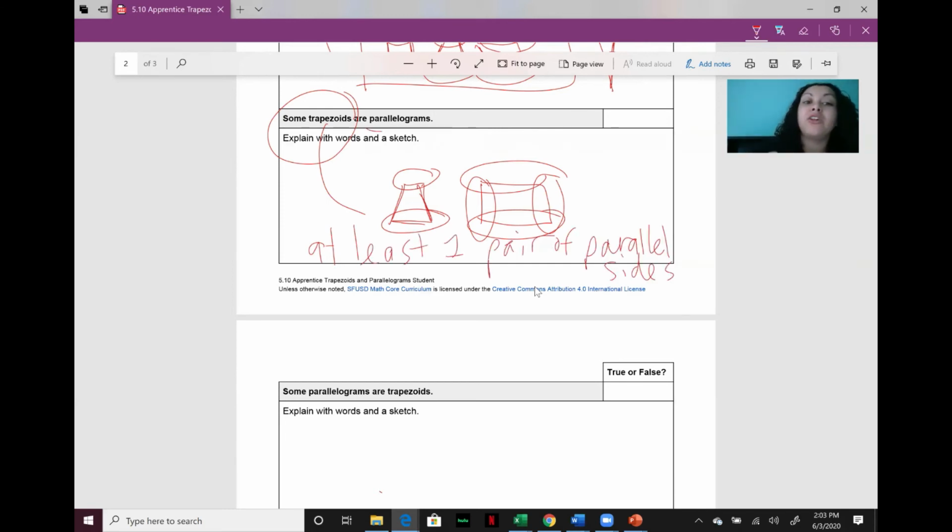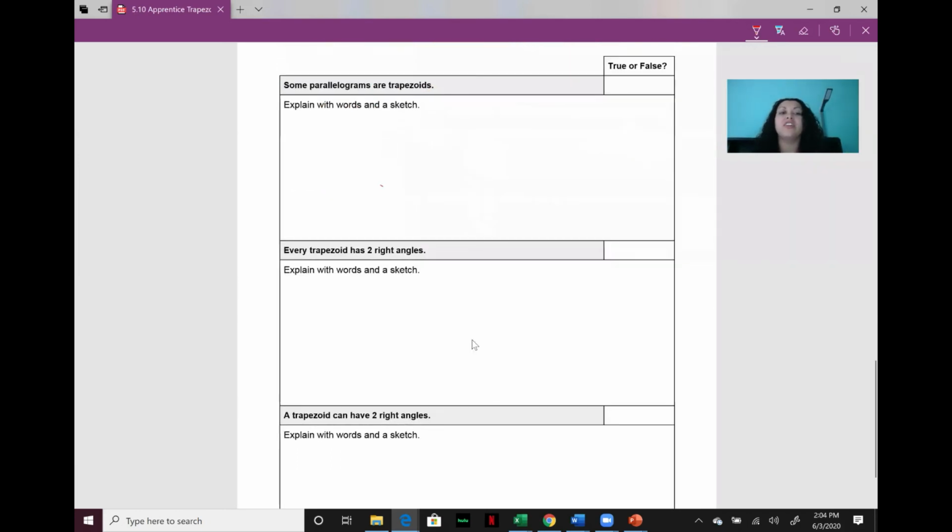And we know that parallelograms have to have 2 pairs of parallel sides. So we can see that some trapezoids, just like this, are parallelograms. Not all of them though, right? Because some trapezoids just have one pair of parallel sides, but some of them have 2, and that's okay because it just needs the qualification of at least one pair. So this is true.